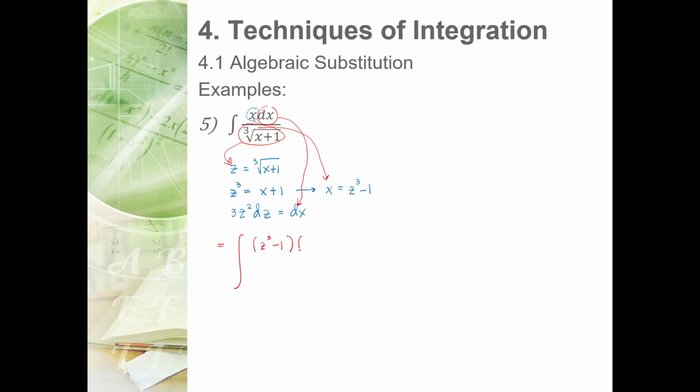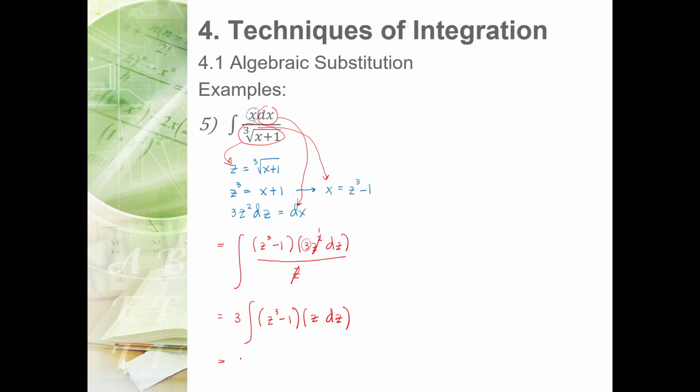Then dx would be 3z squared dz, and the denominator would be the z parameter. So simplifying, cancel out z, cancel out z. We still have one z here. Then factoring out the constant 3, 3 integral of z cubed minus 1, then times z dz. Okay?